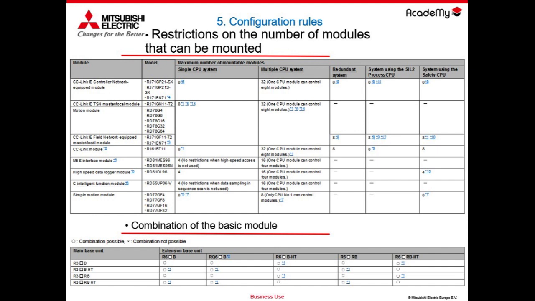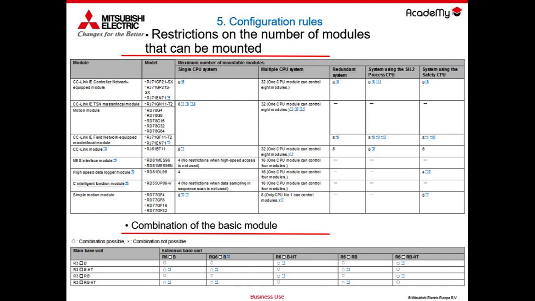In a multi-CPU system, let's take as an example the case in which we have 4 control CPUs, so 4 multiplied by 8, we have at most 32 CC-Link IE TSN modules. This is because each CPU can manage and control up to 8 modules.